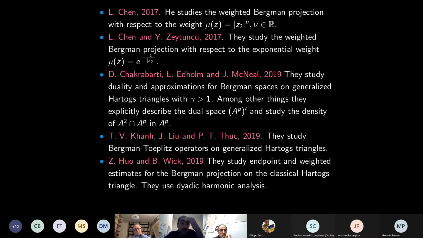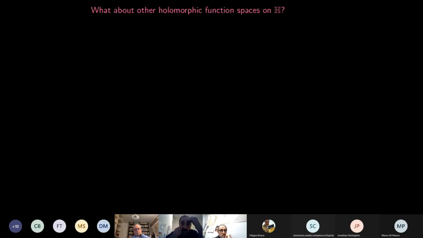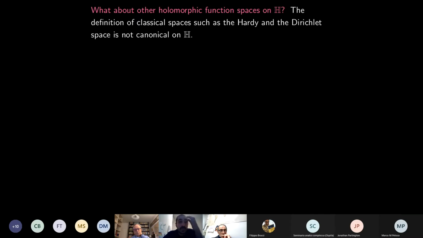But my question now is, what about other holomorphic function spaces on the triangle H? Maybe you can study them and so find other pathological behaviors, and maybe find some hints for more general results. The first problem is that the definition of classical spaces such as the Hardy or the Dirichlet space on this domain is not canonical.